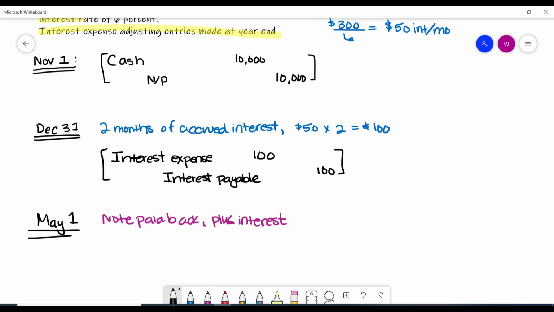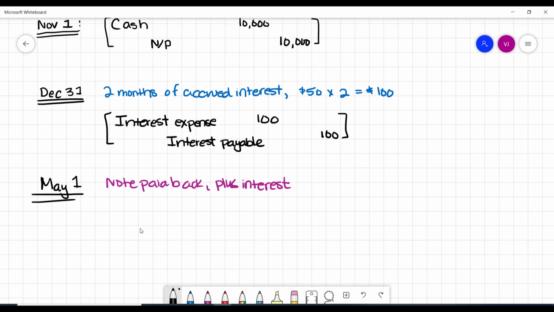We're paying $300 of interest overall, right, for 6 months. But $100 of it had accrued for last year. 2 months of it was accrued over the last 2 months of the previous year. So we're going to pay off $100 of this interest payable, and then we would have to record the interest expense that would have been incurred for the other 4 months of going into this next year.